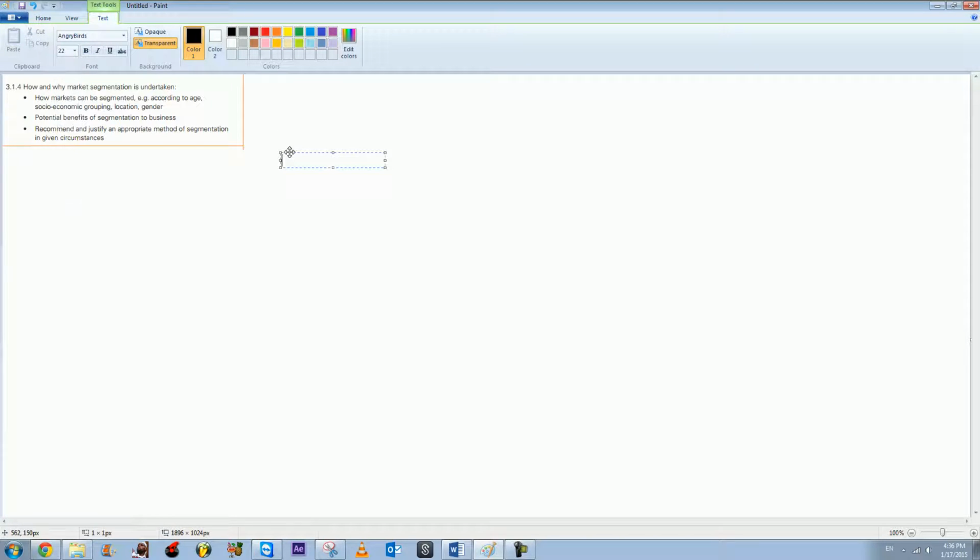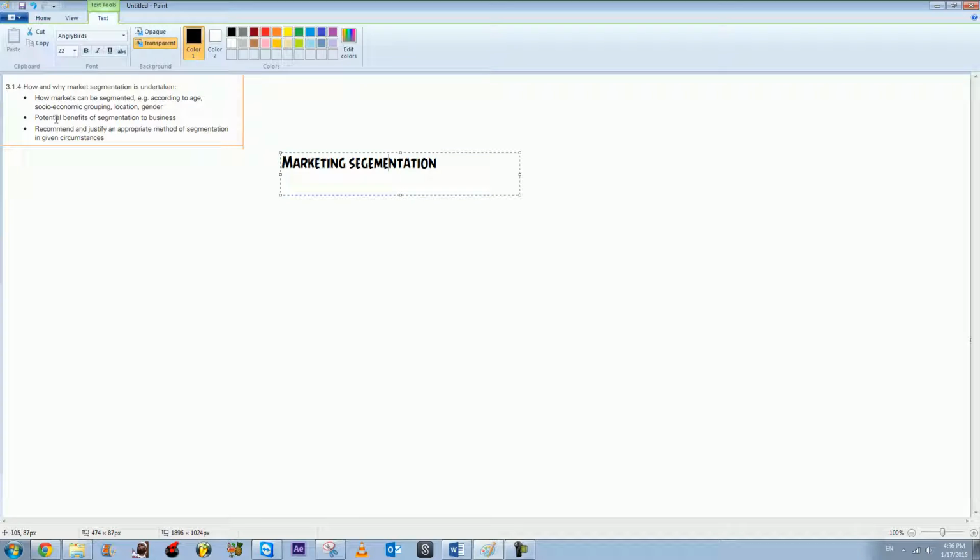I've never seen a question where they ask define or what is meant by market segmentation, but it's good to remember the definition. As we can see here, the first syllabus statement, if you can identify how markets can be segmented, that would get you a D or C grade.